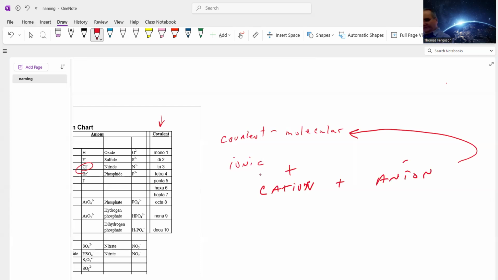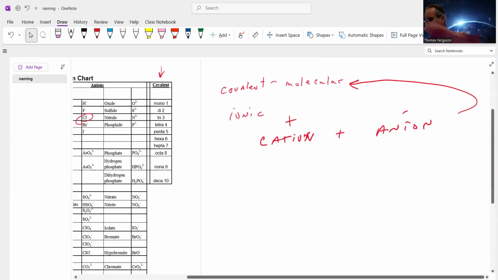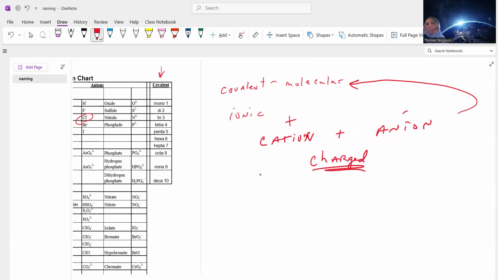Now, ions, as you know, are charged. And that charged nature is how we're going to name them. What I mean by that is the molecule has to have zero net charge.